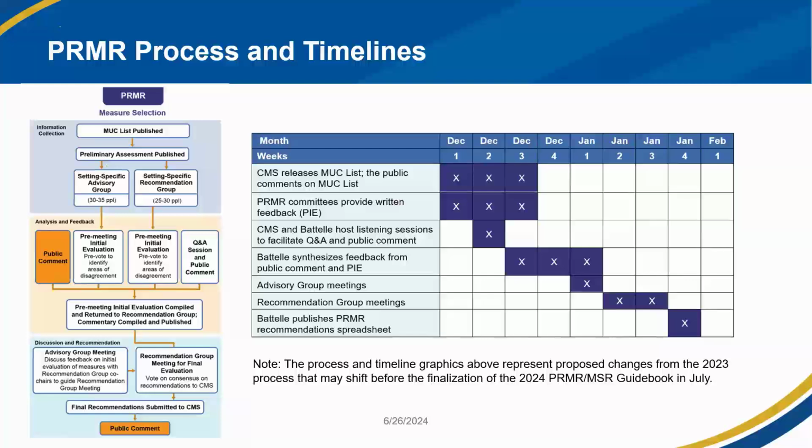And we're getting feedback from 180 people, around 60 people for each measure. So it's a ton of feedback, both in writing as well as in the discussion, to really help make great recommendations to us as we consider whether to move forward with some of these measures. Next slide.